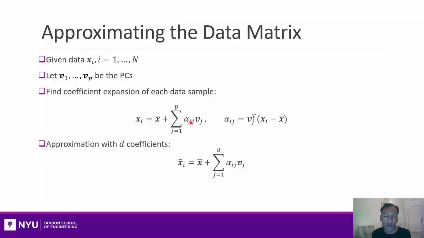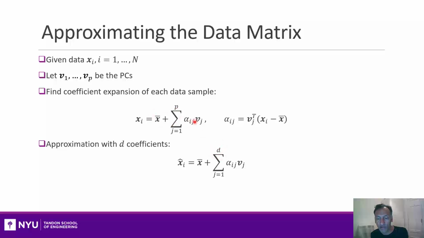Now, what's useful about this is that instead of taking this xi, I can take an approximation of it by this expression here, which is identical, except I'm just taking the first d terms.